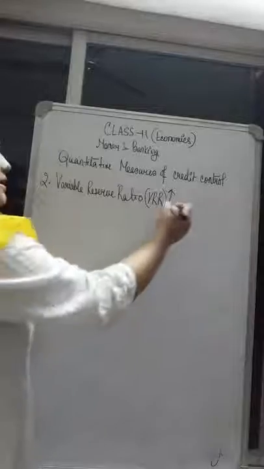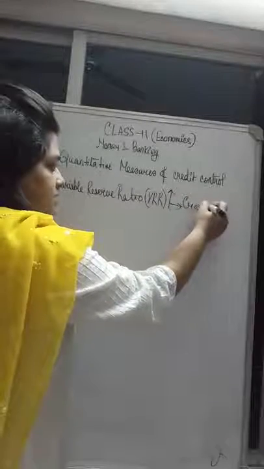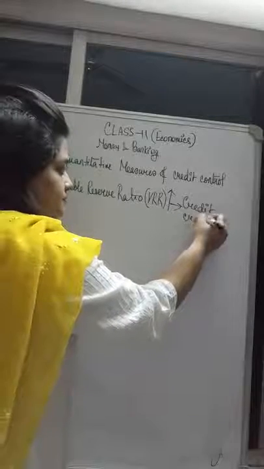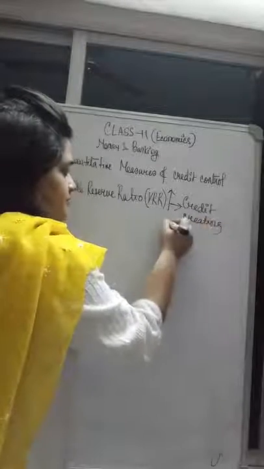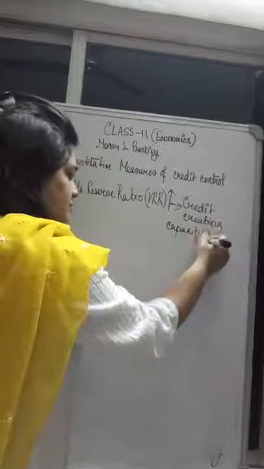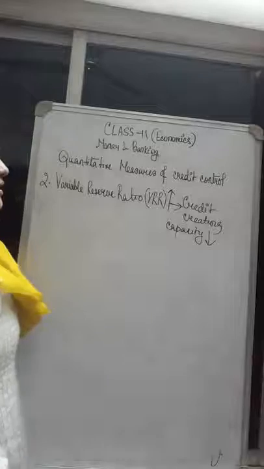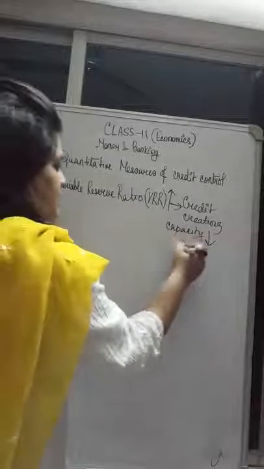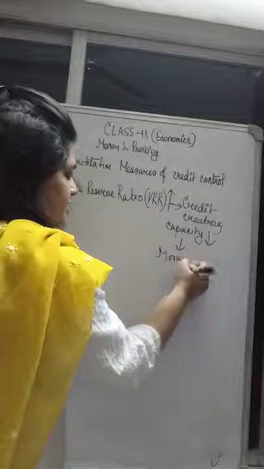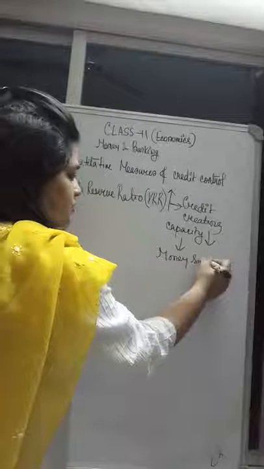So credit creating capacity of commercial banks will decrease as a result of rise in VRR. And when the credit creating capacity decreases, it will give out less loans, means money supply also falls.